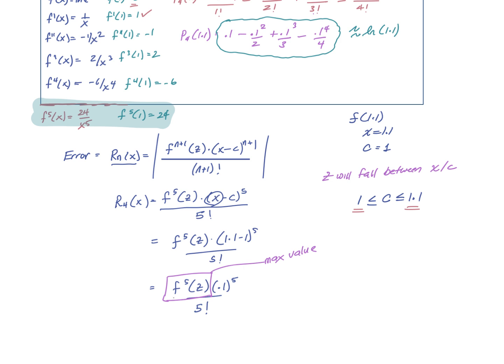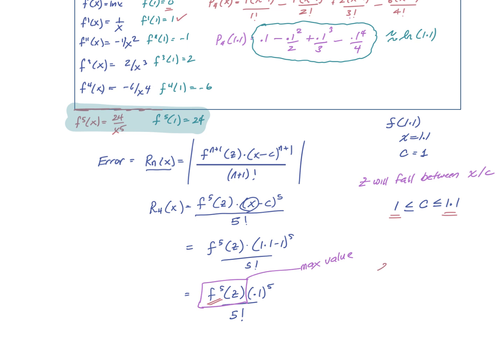Now this is the 5th derivative. This is why you want to go out to the 5th derivative. So it's 24 over x to the 5th was f5 of x. What you need to figure out is if I plug in 1 or if I plug in 1.1, which one is going to give me the larger value.